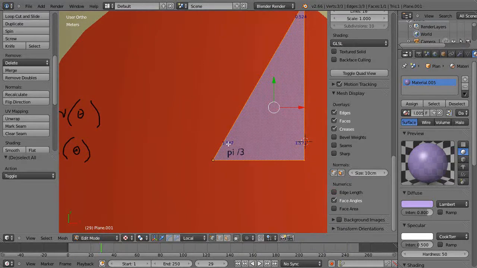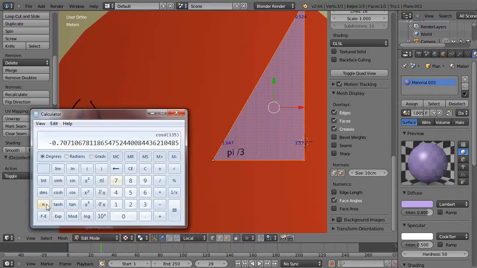So it says pi over 3 is our angle. I'll get the calculator, and pi divided by 3 is the angle we entered, and that equals 1.047. Sure enough, there's your interior angle of 1.047. It shows this angle as 1.57.